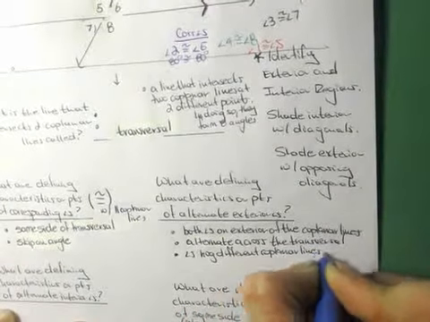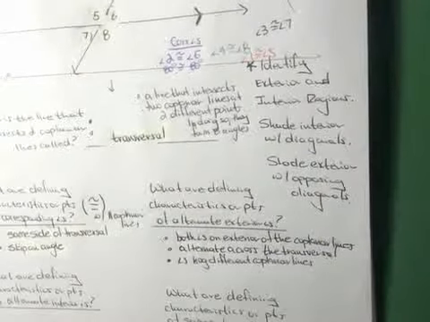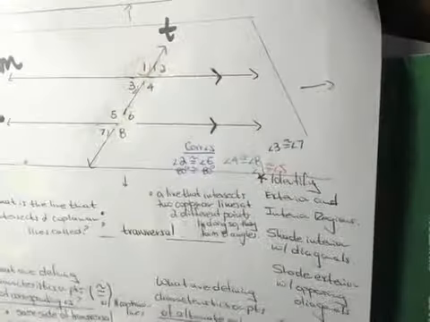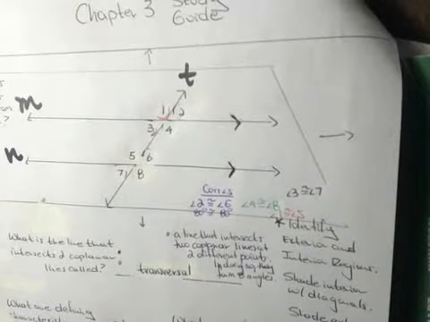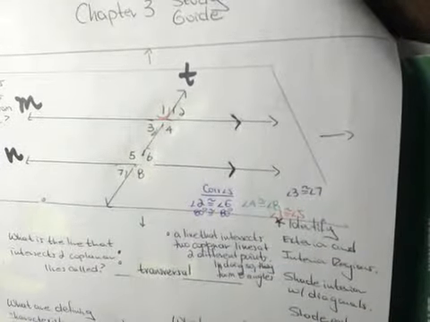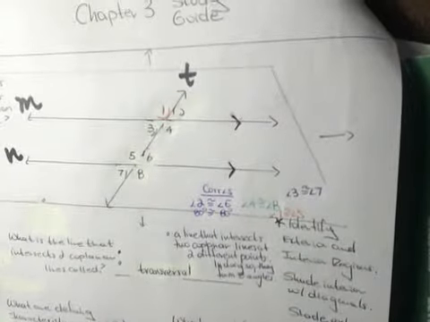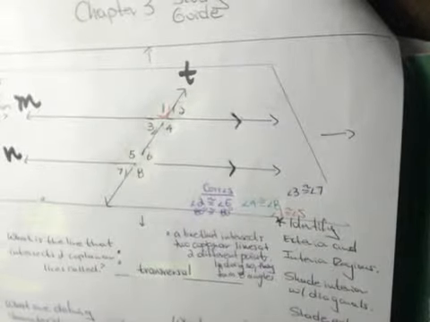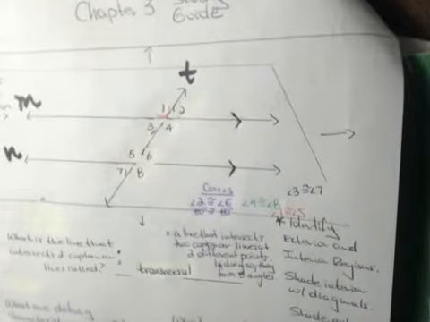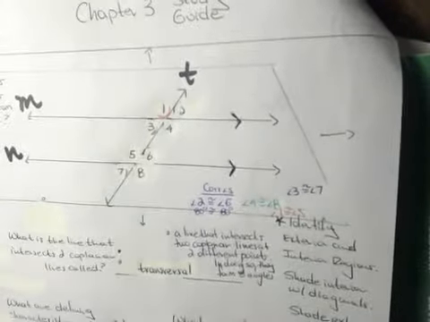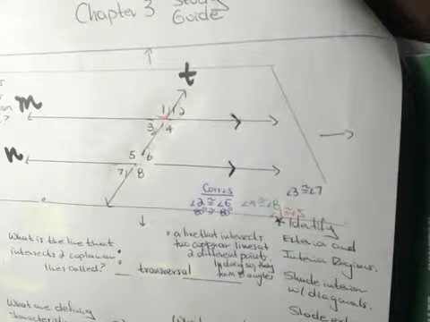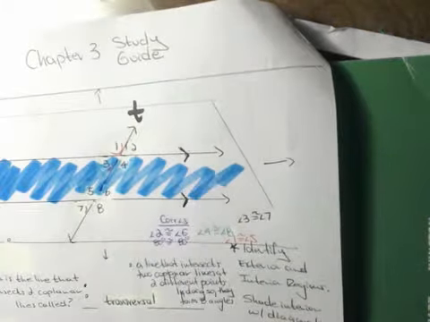Okay, so first, the exterior. What is the exterior of your coplanar lines? So we have to identify that. When we say the interior, we're saying the inside of our coplanar lines. So the interior is going to be inside what is shaded blue.